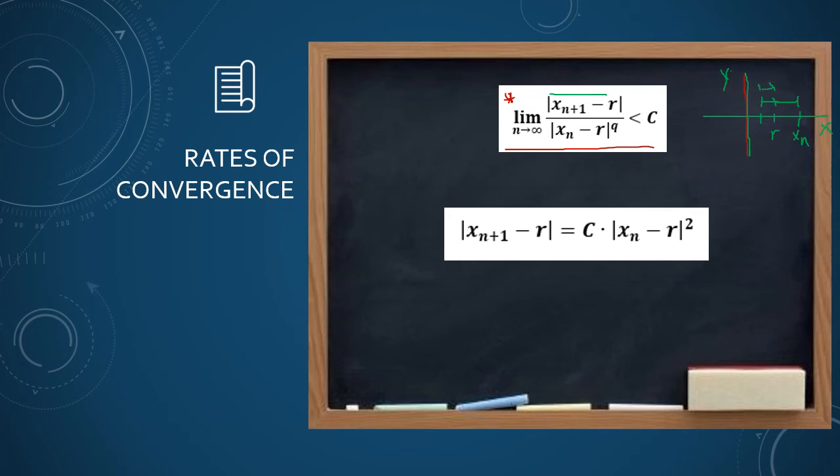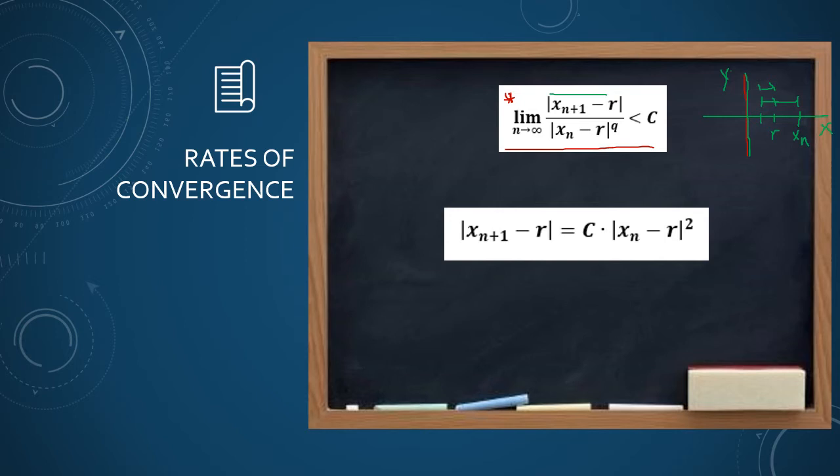Okay. So what is this definition telling us? It's telling us that we have our x of n plus 1 term minus our root, which is basically our x of n plus 1 error, over our x of n error to the q power.